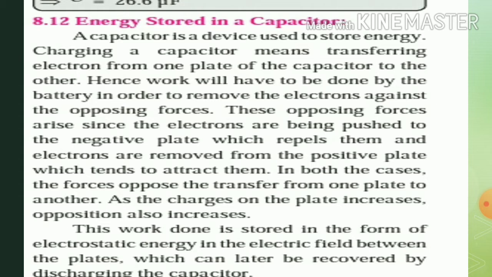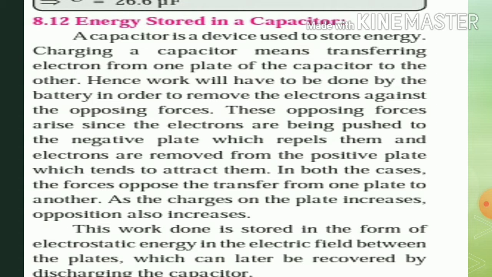At that time we learned that a capacitor or condenser is a device used to store charge, and along with the storage of charge we store energy in the plates of the condenser. So charging a capacitor means transferring electrons from one plate of the condenser to the other.